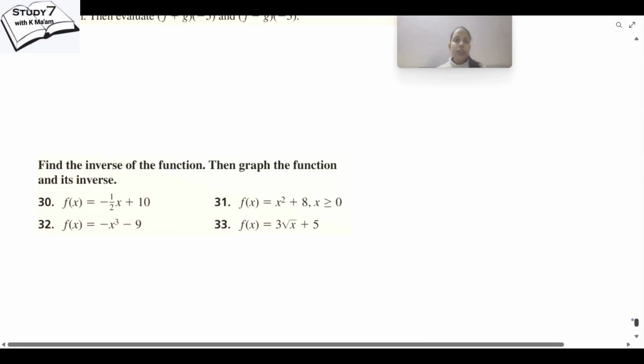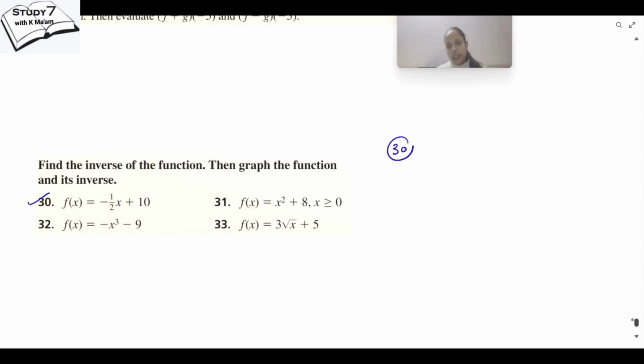Find the inverse of the function, then graph it. Inverse. Start with question number 30. In question number 30, f(x) is equal to negative 1 by 2 x plus 10. Replace f(x) with y. Then interchange x and y and solve for y.